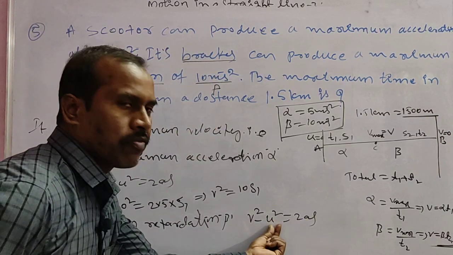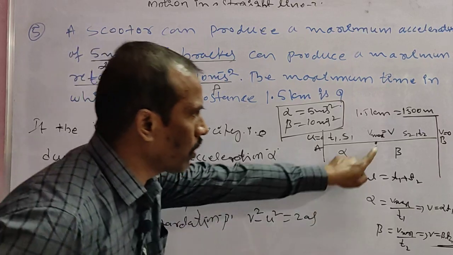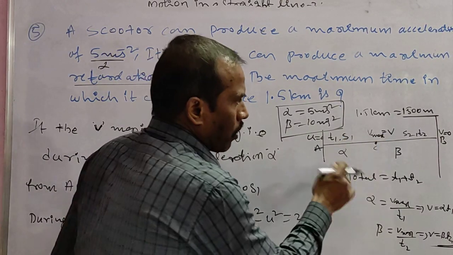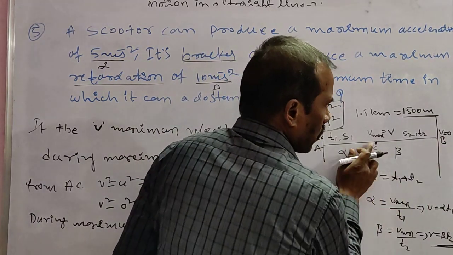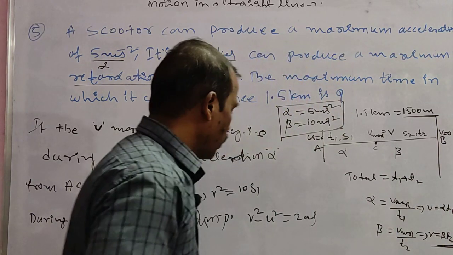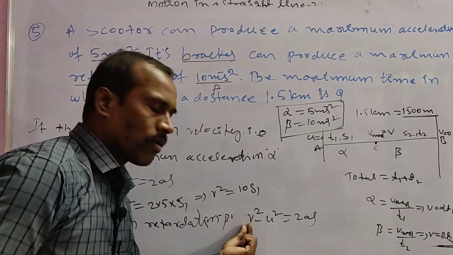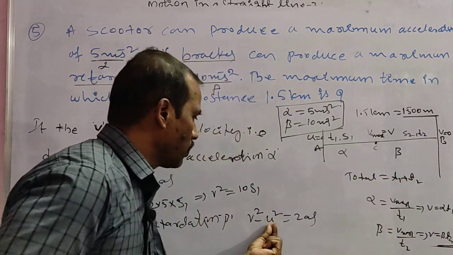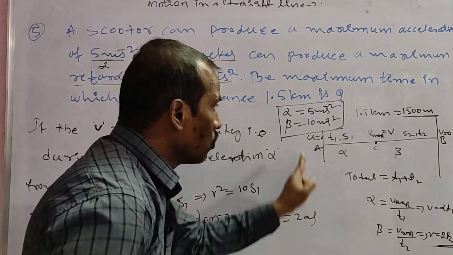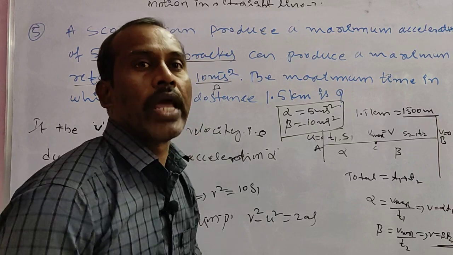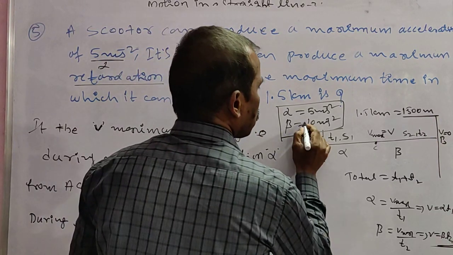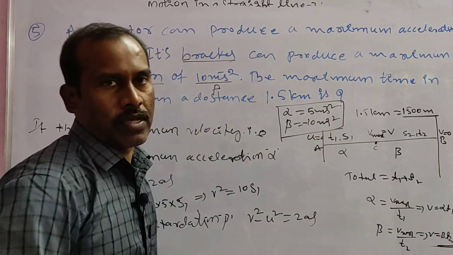Here U means initial velocity, the particle moving from C to B, with initial velocity the maximum velocity and final velocity V equal to 0. A is the retardation, a negative value, minus 10 meter per second square.